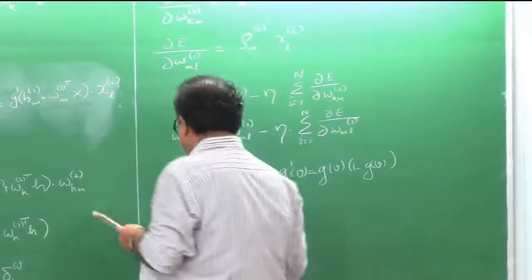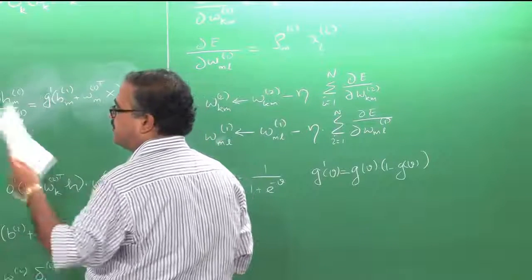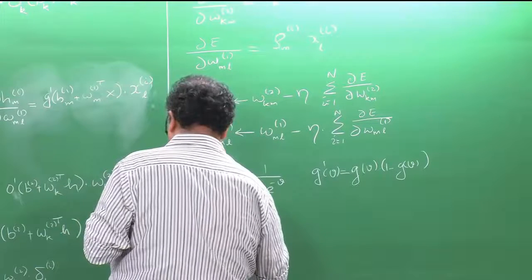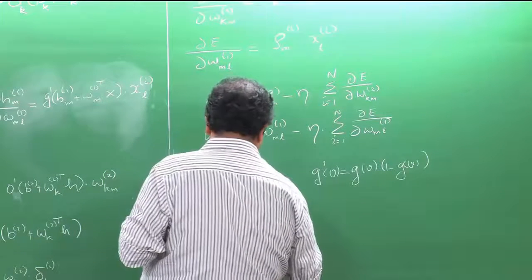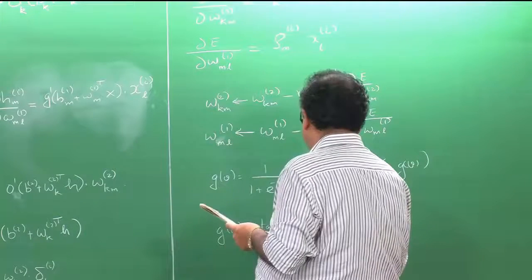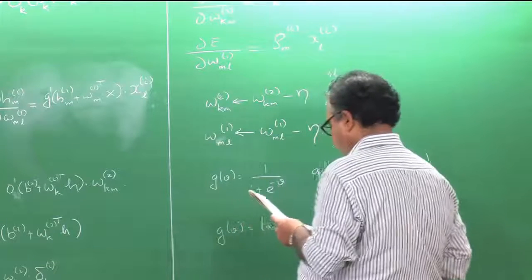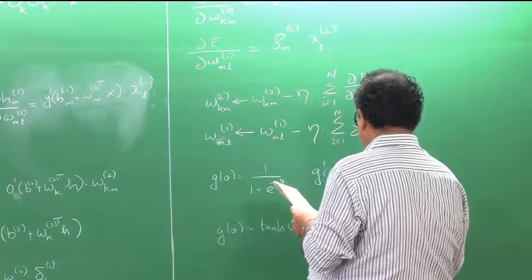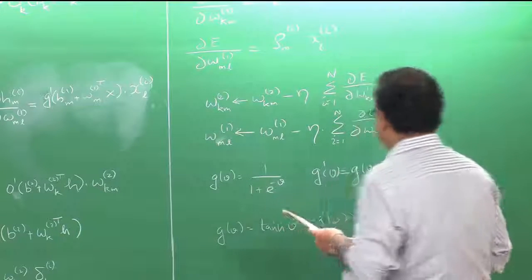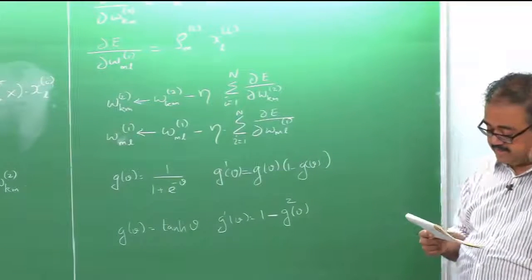And suppose you are using a tanh function, because you want your outputs to run from -1 to +1, then g dash is 1 minus g(v) squared.